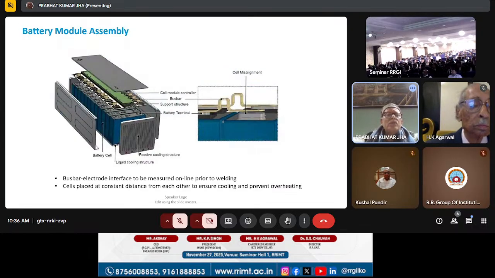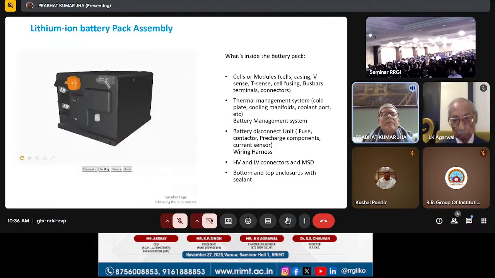And then you come to the battery module assembly. So you see these structures. I will send it to you. And then lithium ion battery pack assemblies. What is inside the battery pack? There are cells or modules, that is cells, casing, V-sense, T-sense, cell fusing, and all the electrical engineering students can understand this, and they are more expert in this.